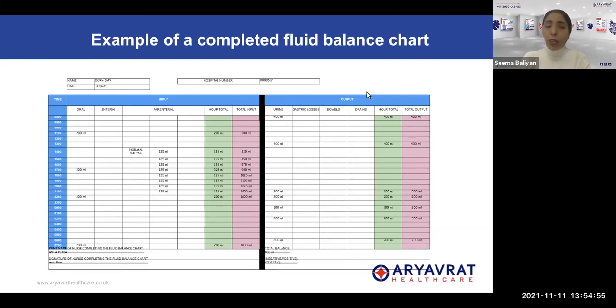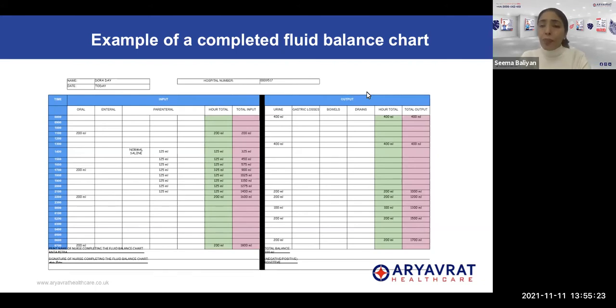And they would have already given you a start time as well. So it will be that 1 liter of normal saline started at 1400 hours and finished at 2200 hours or 2100 hours. So you will need to divide the total parenteral or IV fluid into that many hours, and then you start writing it.